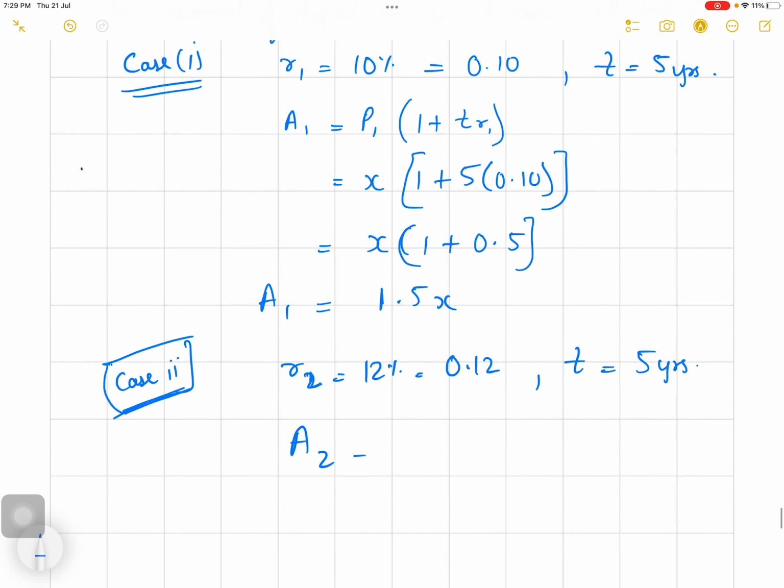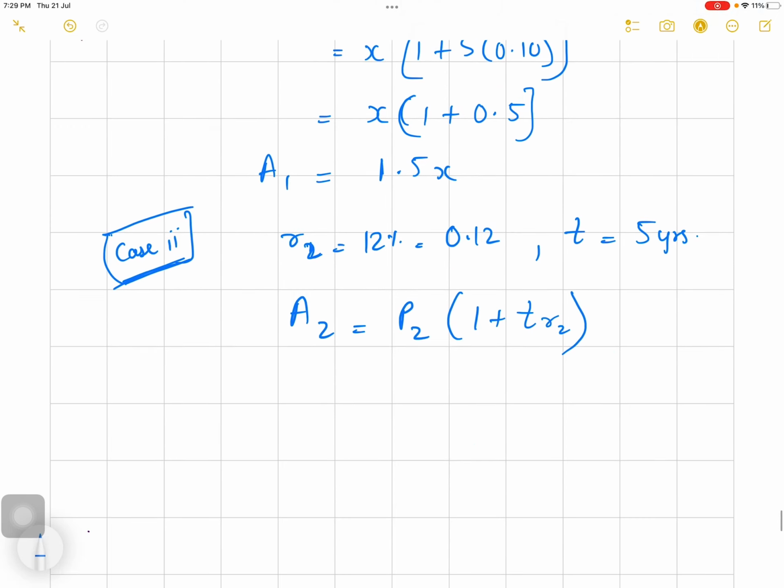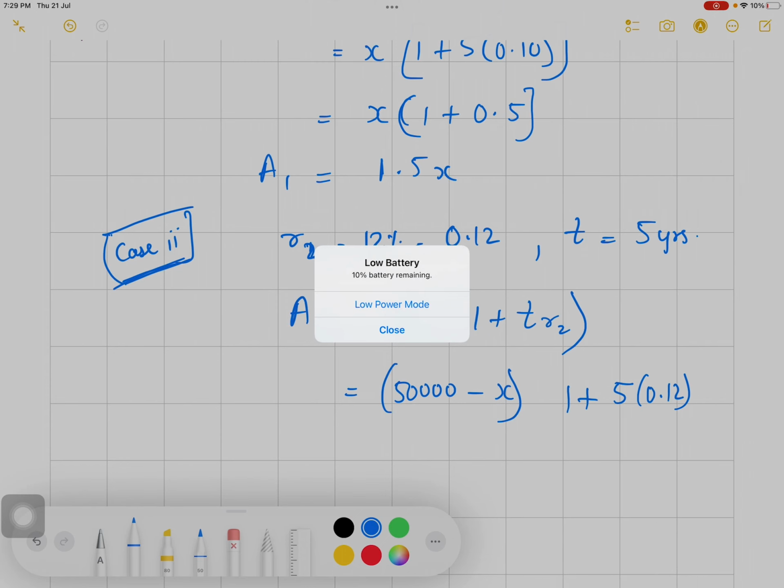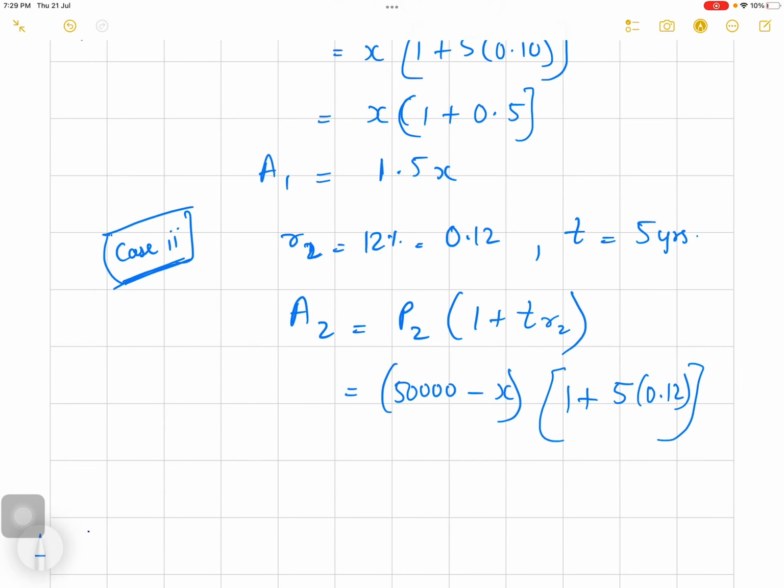So same formula, A2 is equal to P2 into 1 plus T R2. A2 we don't know. P2 is 50,000 minus X, 1 plus T is 5, rate of interest is 0.12.